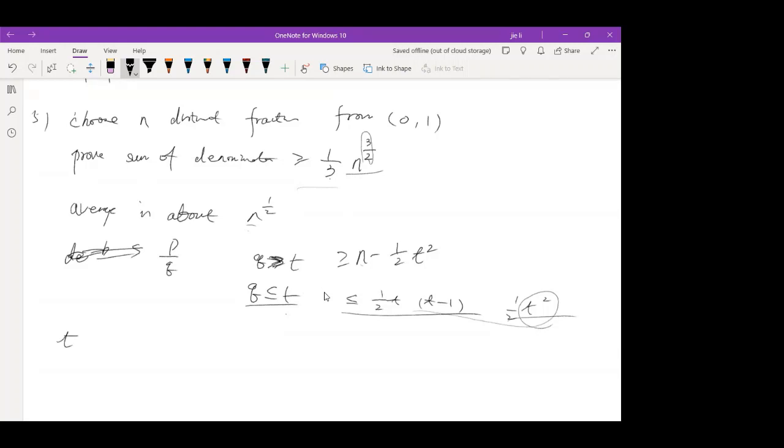So we just choose T equals square root n, and then you calculate the sum of those.